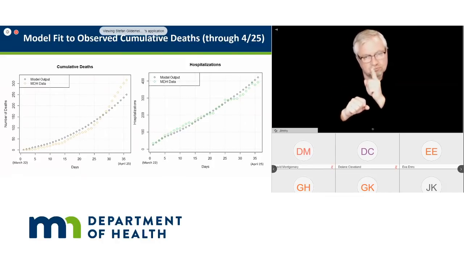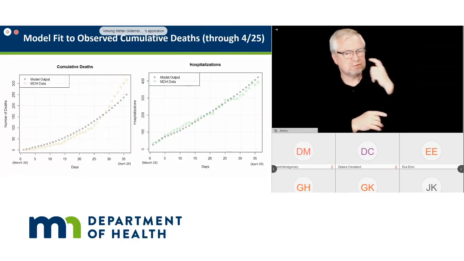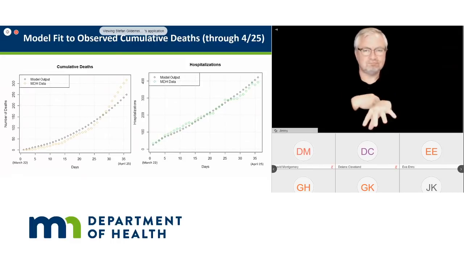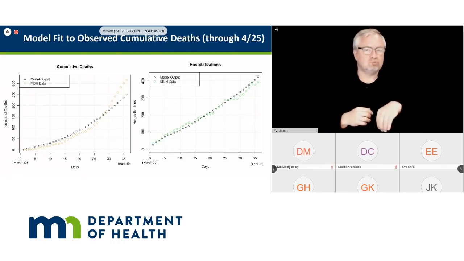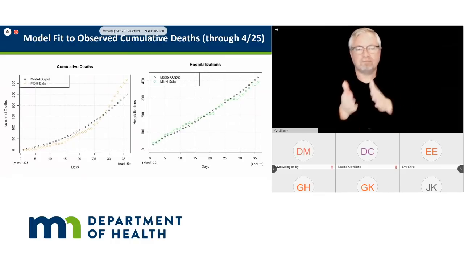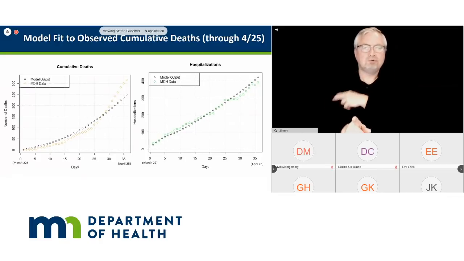And as Stefan mentioned, we do calibrate a number of different parameters, including the contact reduction associated with the current stay-at-home order and the proportion of elderly individuals who are dying at home, as well as adjusting data that we have on the need for hospitalization among people who are infected and the proportion of asymptomatic infections.